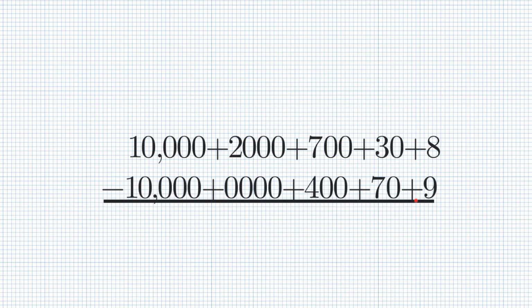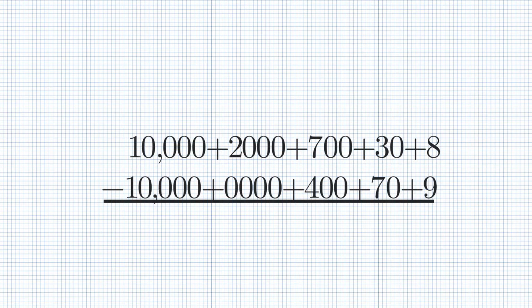Even though we have these addition signs here, this is only to show the number itself in expanded form, not to say that we should be adding 8 and 9 together. So don't confuse that. First, let's subtract 8 minus 9, subtracting 9 from 8.